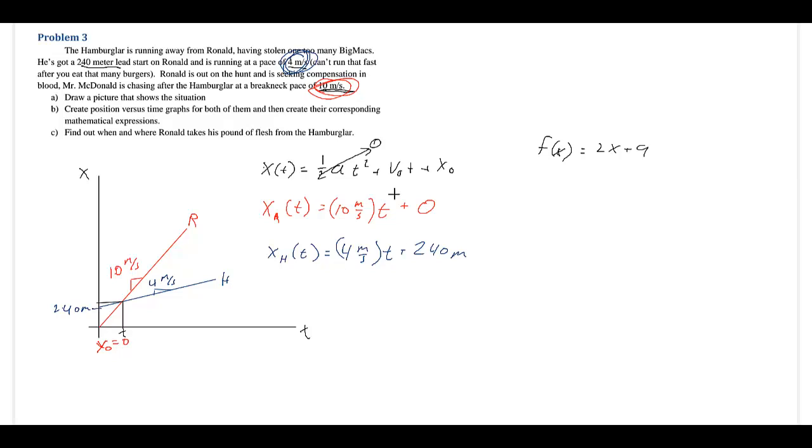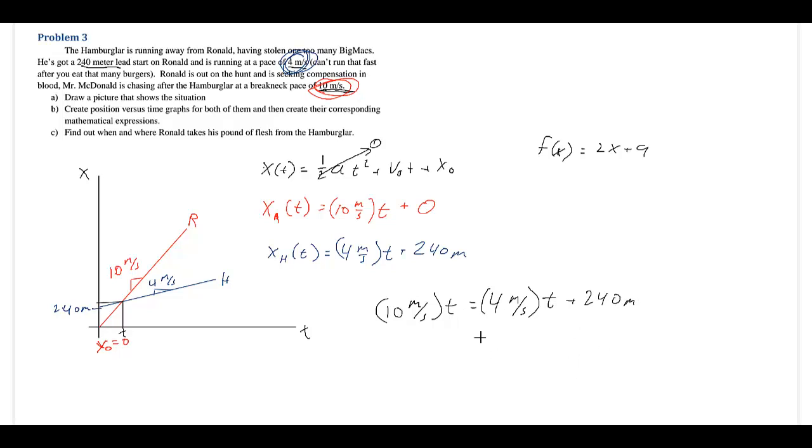So what we'll do is we'll take these two equations, and we know that whatever the time is, these two things are going to be equal. So we can set the two equations equal to each other. So we've got 10 meters per second times t is equal to 4 meters per second times t plus the initial 240 meters.